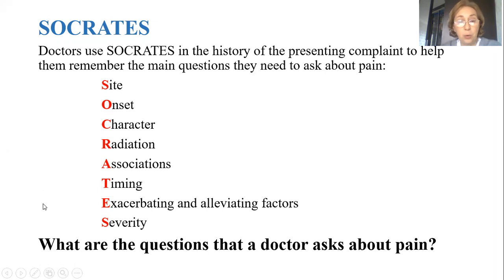And what are the questions? So we know what to ask, but how to form these questions? About the site of pain, what is the question? Where is the location of the pain? Okay. Onset. When did it start? Exactly, right. The character of pain.